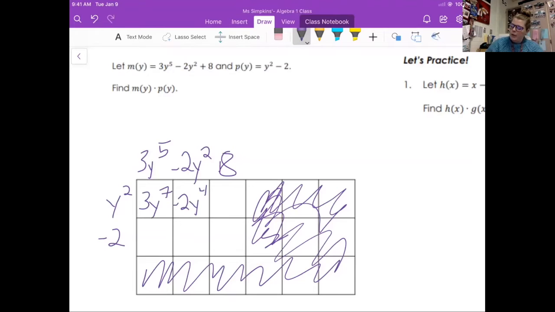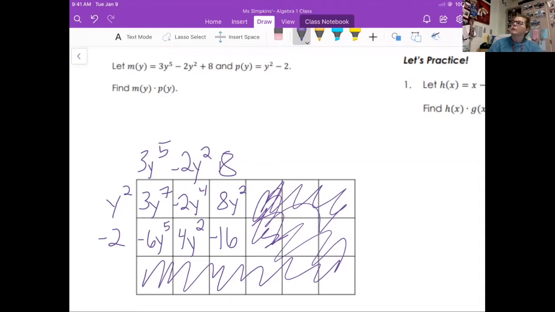And y squared and 8 would be 8y squared. 3y to the 5th and negative 2 would be negative 6y to the 5th. Negative 2 and negative 2y squared would be 4y squared. And negative 2 and 8 is negative 16.